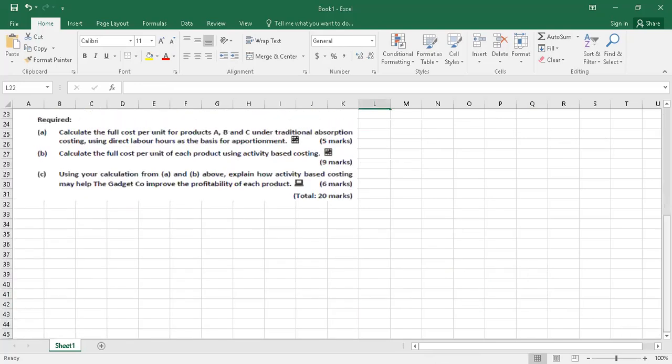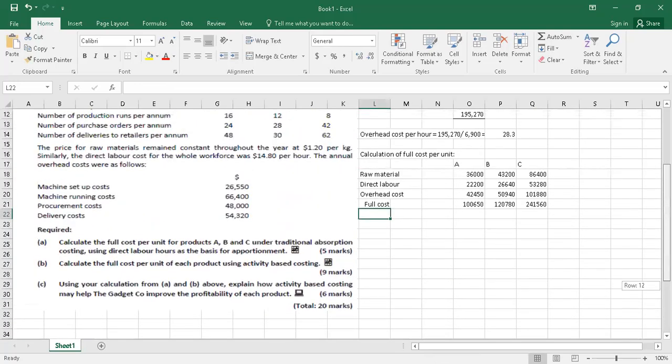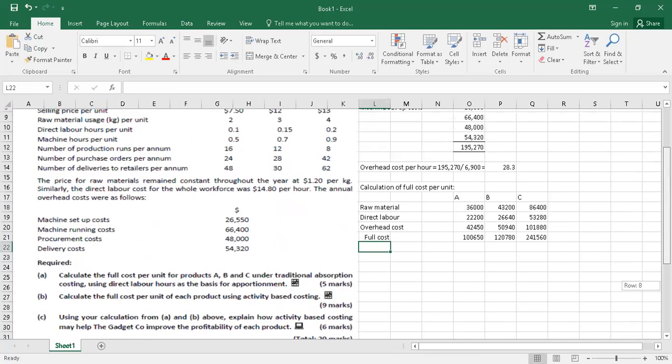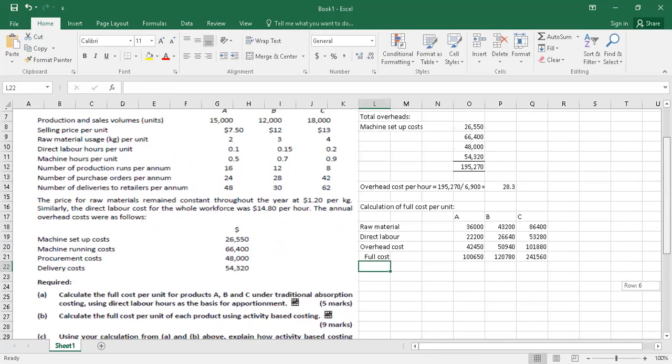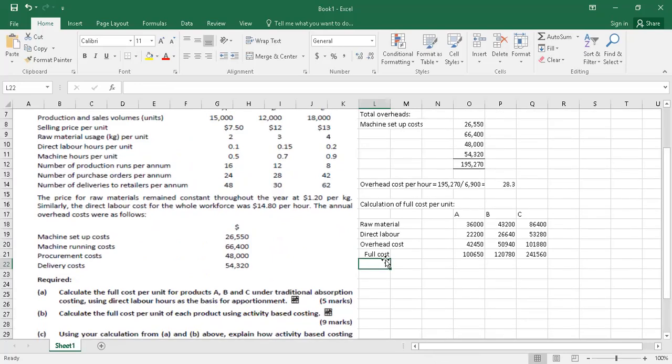The question says full cost per unit. Full cost per unit will be this divided by the total number of units.